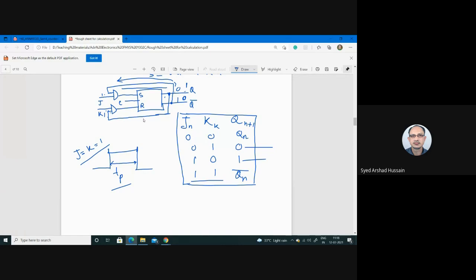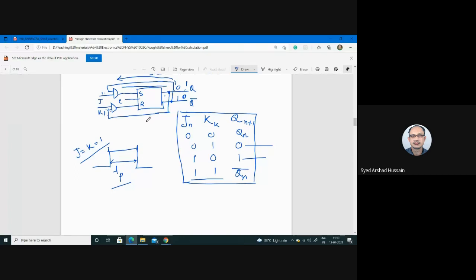But in that case, circuit performance will be severely affected because your propagation delay would be very high. So it is not a feasible system. Simply by increasing the propagation delay up to the order of the width of the clock pulse, one can eliminate this. But this is unwanted.